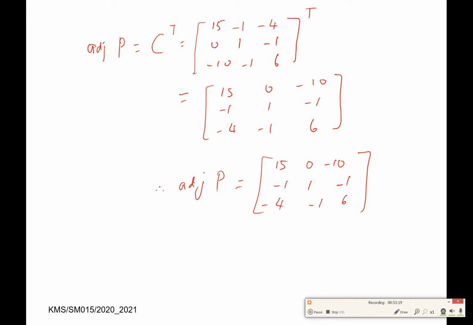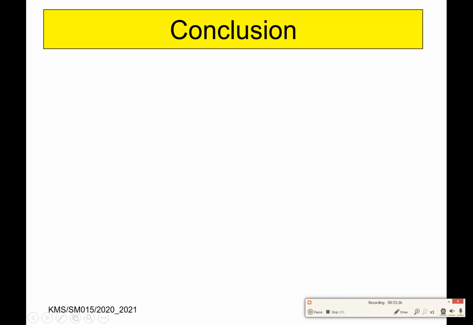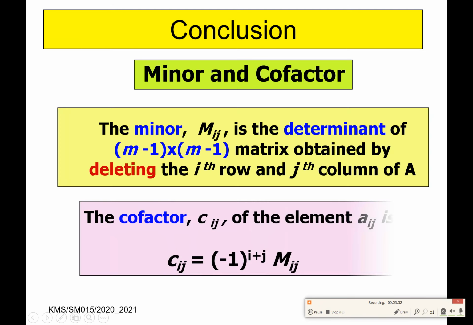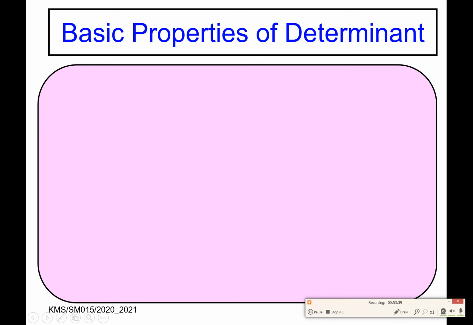We went through minor and cofactor. In conclusion, read through this and check the exercise to find the determinant. Of course, you need to remember the basic properties of determinant.